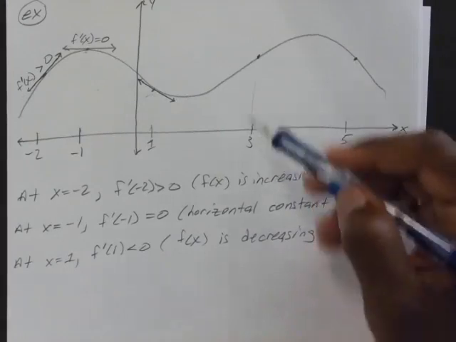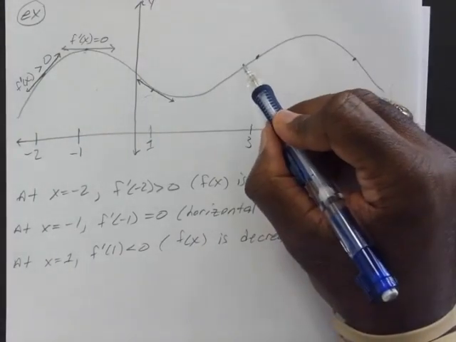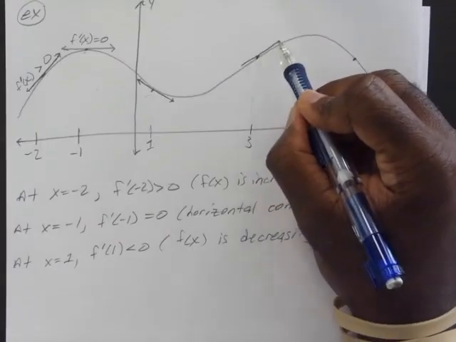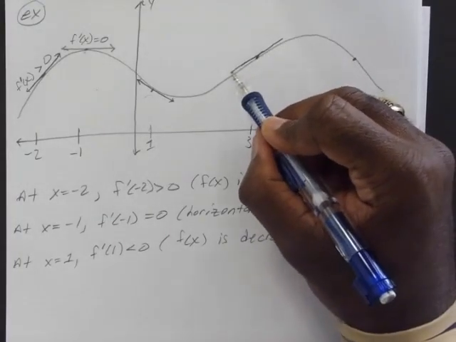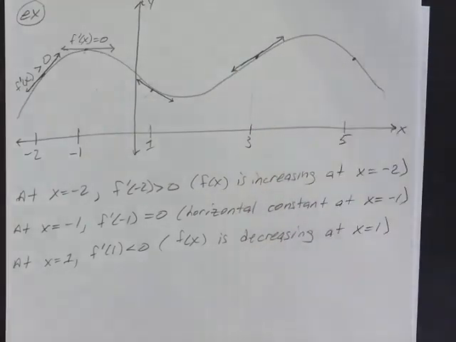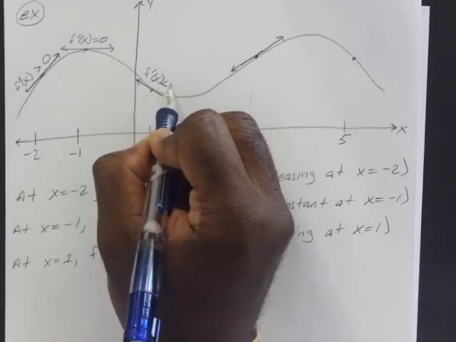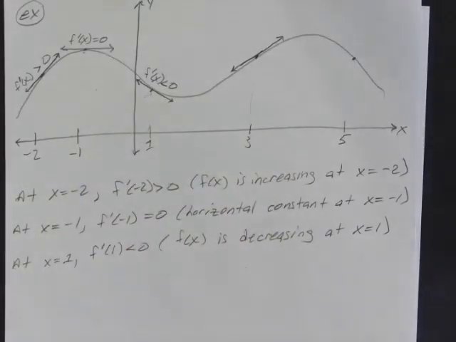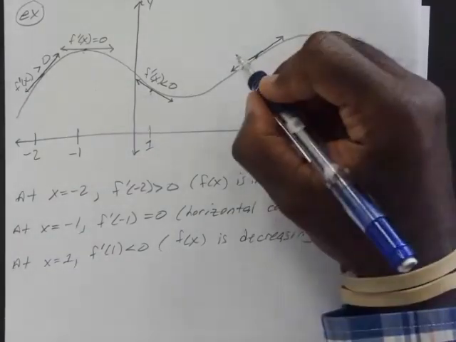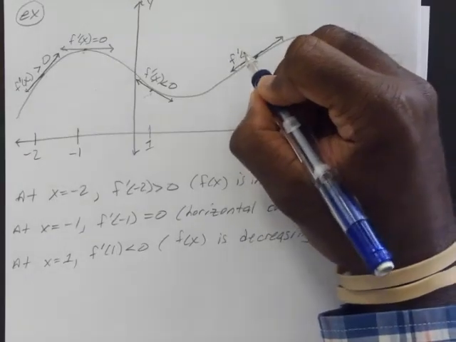Okay. Same thing at x equals 3. You look at the slope of the tangent line, you see that it would be going somewhere like this. Oh, forgot to put my f prime of x is less than 0 for right here. Okay. So we can see that at x equals 3, the slope of the tangent line is positive.